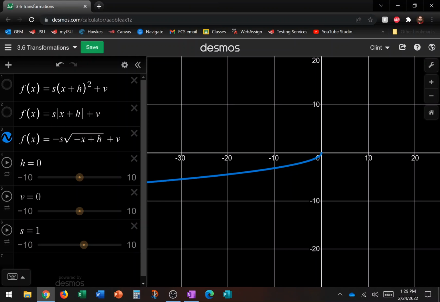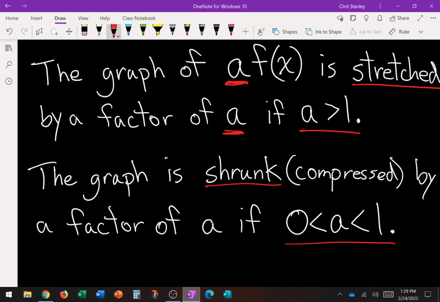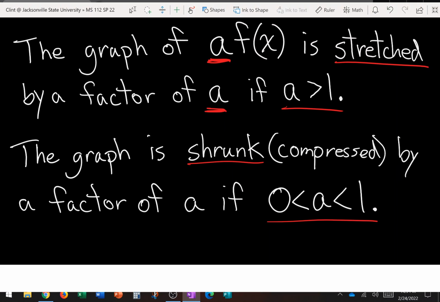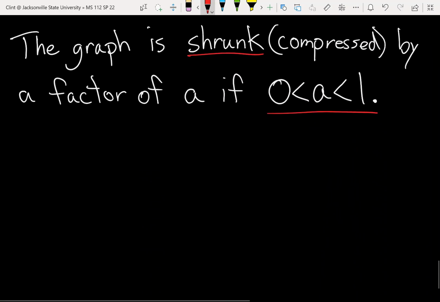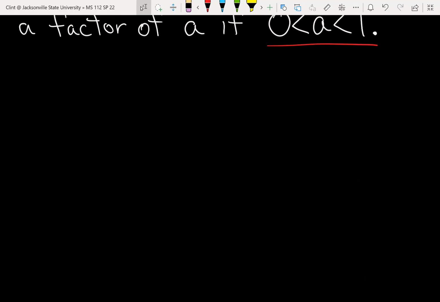So let's just look at a couple more examples here. So something else we need to be able to do is we need to be able to go the other direction as well. So we need to be able to say, okay, write down the equation if it's been shifted up by 2, left by 1, and stretched by a factor of 2.